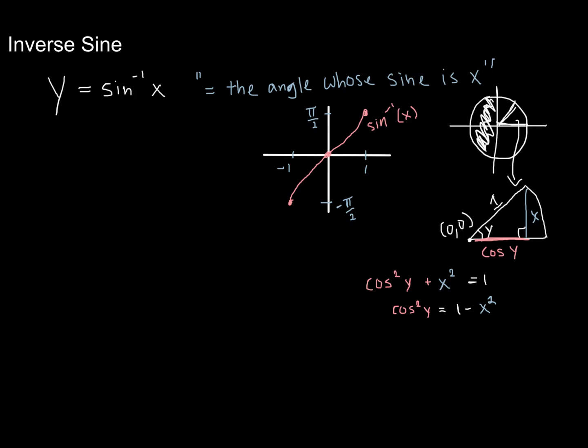And so if I take the square root of both sides, I'm left with cosine of y being equal to the square root of 1 minus x squared. So what we can say is that this side length here is the cosine of y, or in other words, square root of 1 minus x squared, just by the Pythagorean theorem.